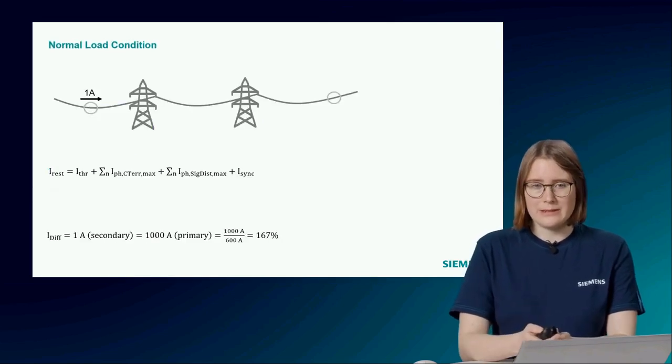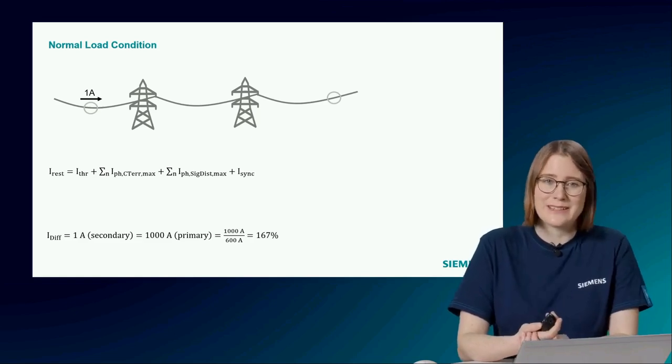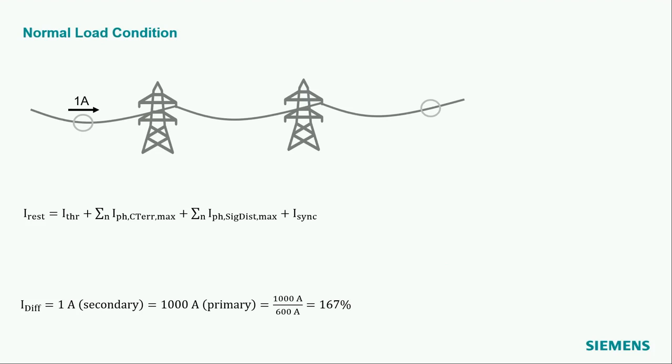And here we'll also do a little example calculation so that you understand what I mean. What I will do now is switch on the test modes of one of the two devices and inject 1 amp to this device. Here you see again the formula to calculate the restraint current and the formula to calculate the differential current. We start with the differential current. As I said, everything I inject locally will be immediately seen as differential current.